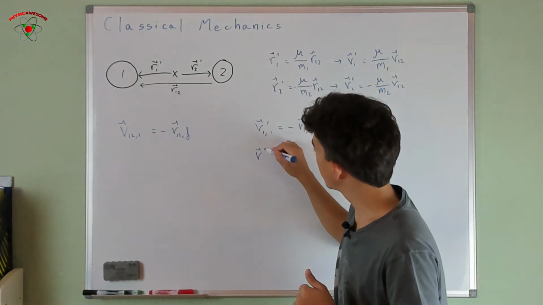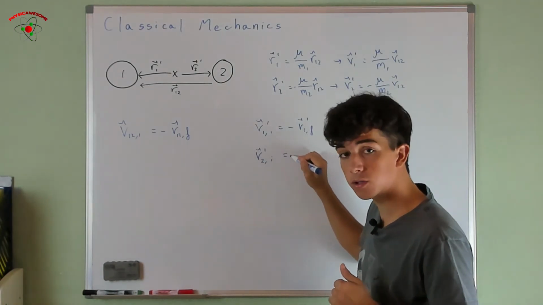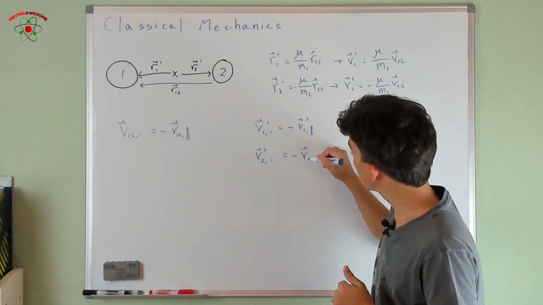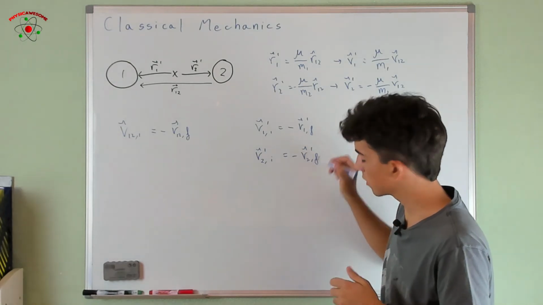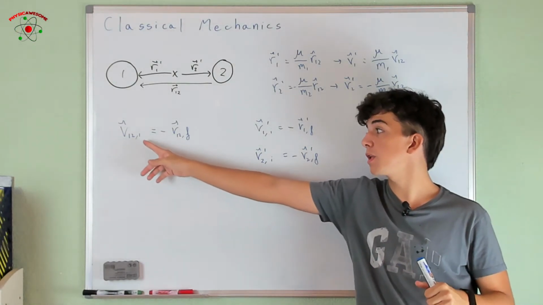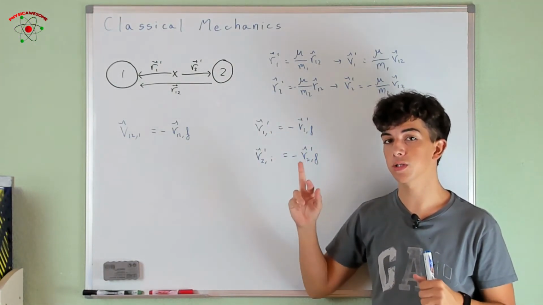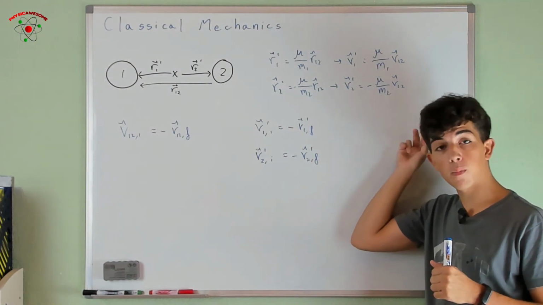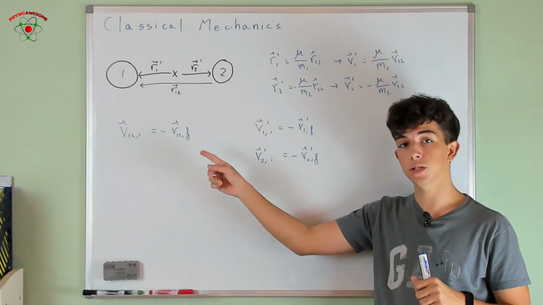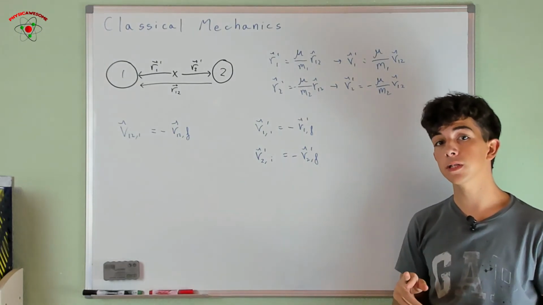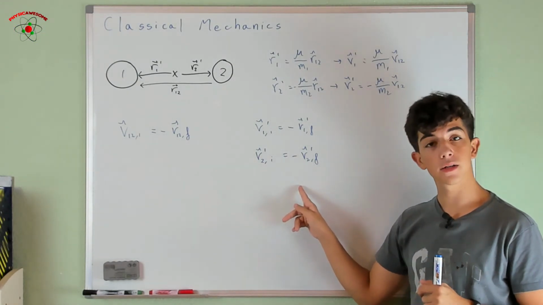And V2 initial prime is also going to be the opposite of the final one. Because what happens between the initial and the final is a change of sign, as we said, and these two are proportional to the relative velocity. Therefore, if there is a change of sign, there is going to be a change of sign in them.